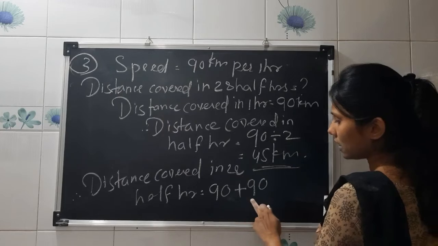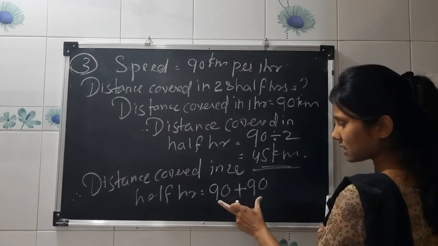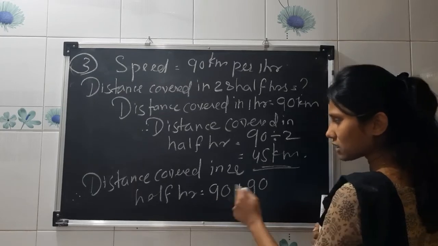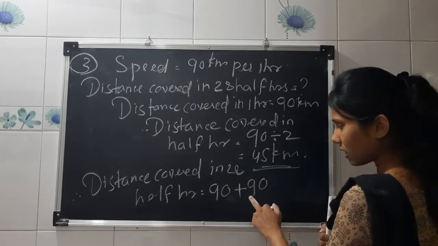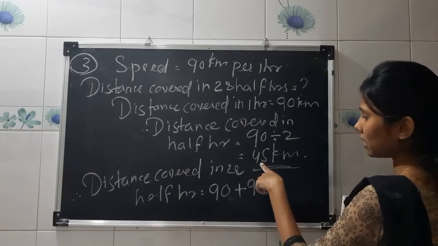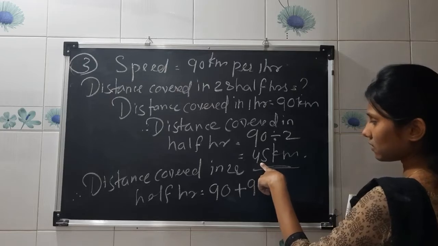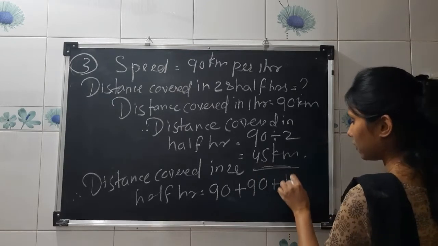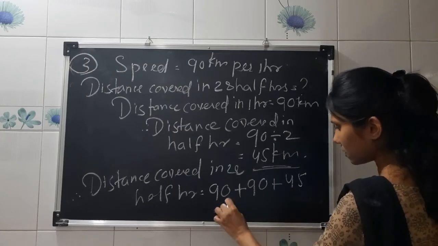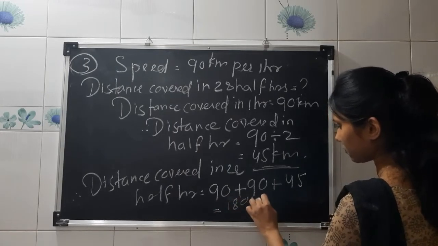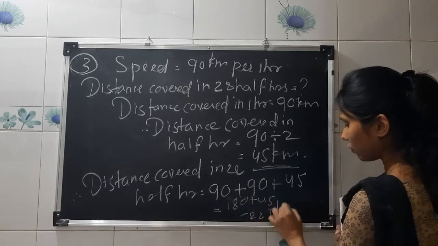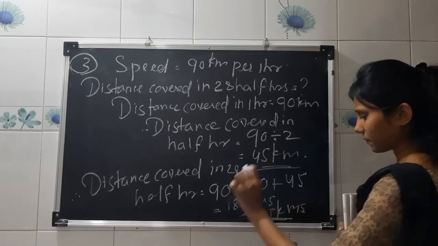Okay, 90 plus 90 means this is the distance of 2 hours. So 90 plus 90 plus the distance covered in the last 30 minutes, that is half hour, 45 kilometers. Okay, so 180 plus 45, that is 225 kilometers.